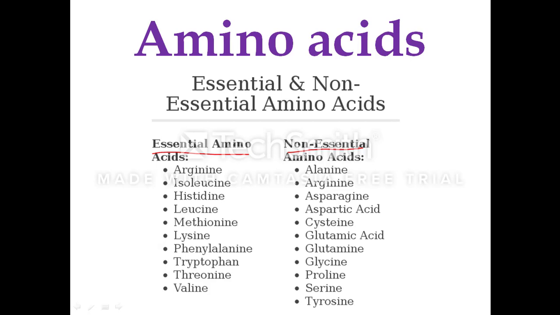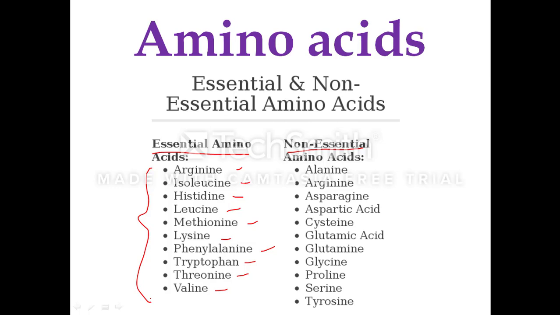They include arginine, isoleucine, histidine, leucine, methionine, lysine, phenylalanine, tryptophan, threonine and valine. So these amino acids are essential amino acids. They are not synthesized by the cell.